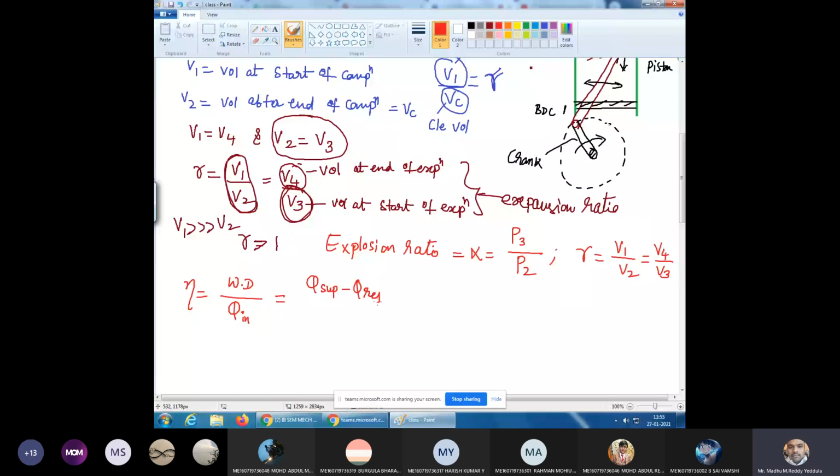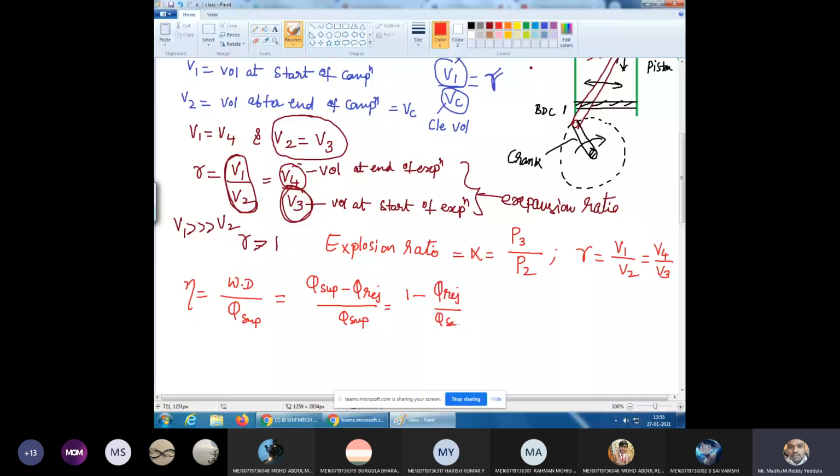So efficiency is work done by heat supplied, which equals 1 minus heat rejected by heat supplied, right? Yes.